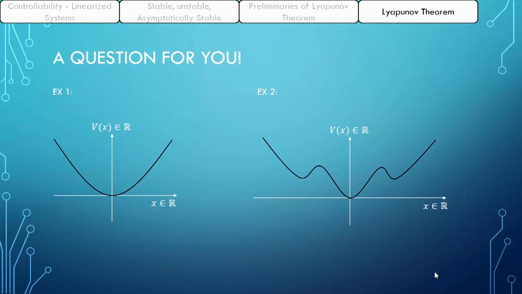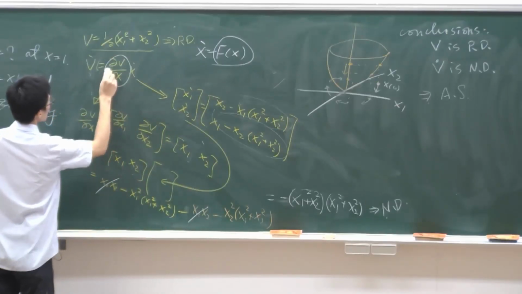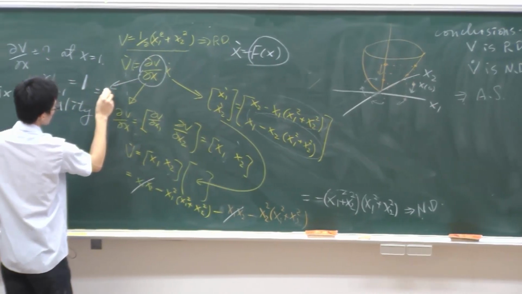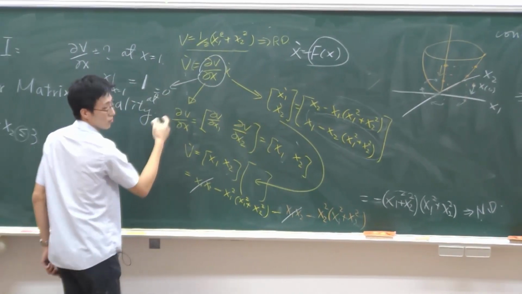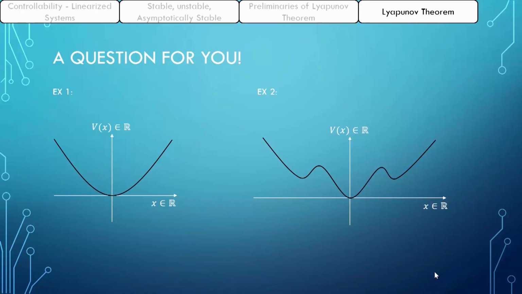You have 1, 2, 3 local minima. What happens at these local minima is that V dot is equal to 0, because this stands for the slope, and at the minima the slope is 0. So if possible, you don't want to choose this kind of Lyapunov function.